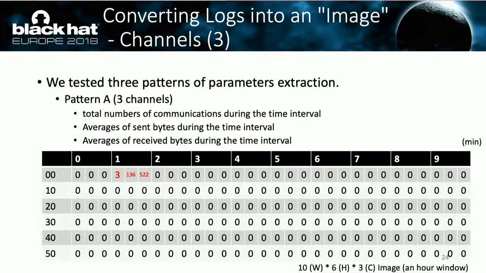At this time, we tested 3 patterns of parameter extraction. The first pattern has 3 channels like this. The channels consist of total number of communications during the time interval, averages of sent bytes, and averages of received bytes.